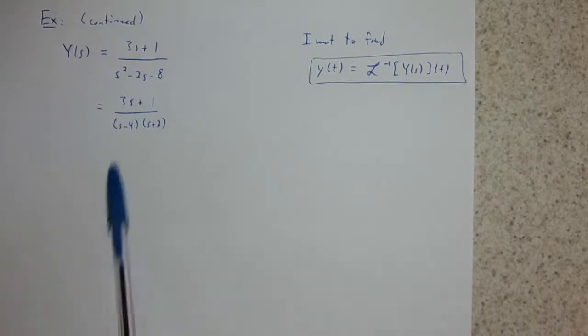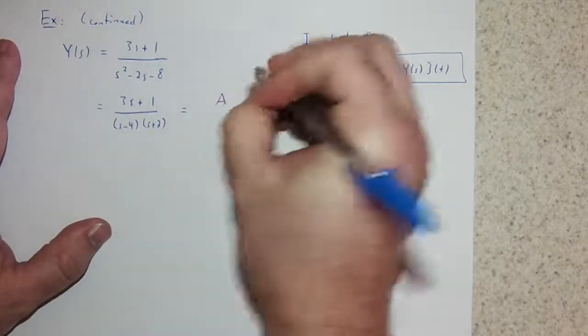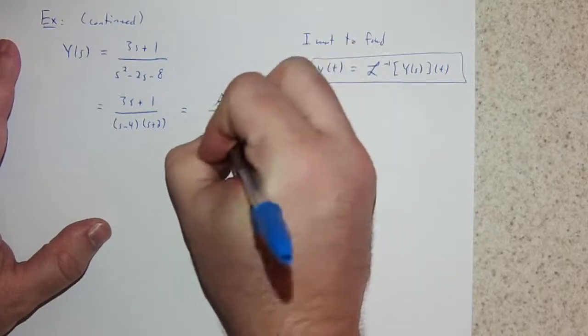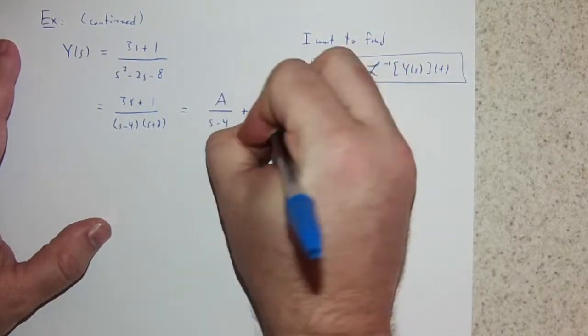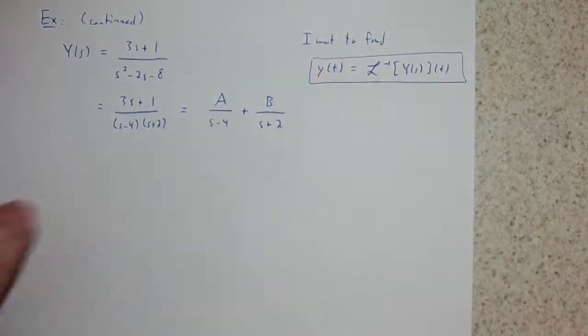Well, what if I had this thing written in the following way? What if I could write this as big A over s minus 4 plus big B over s plus 2? What if I had this?